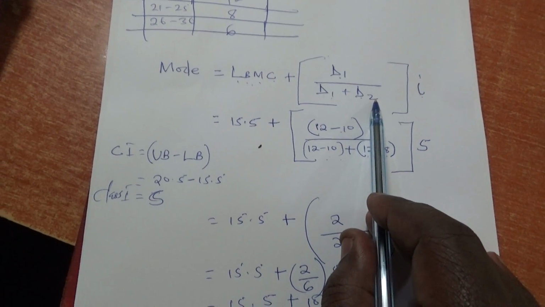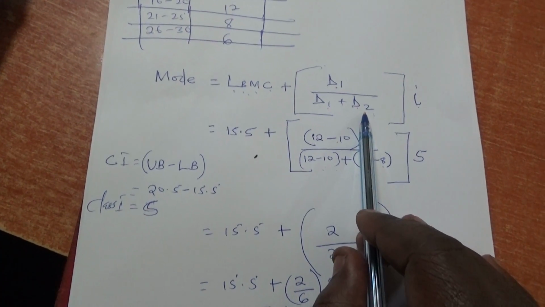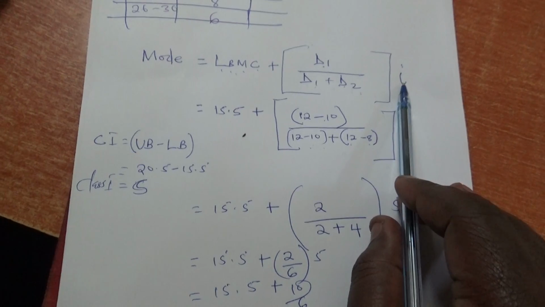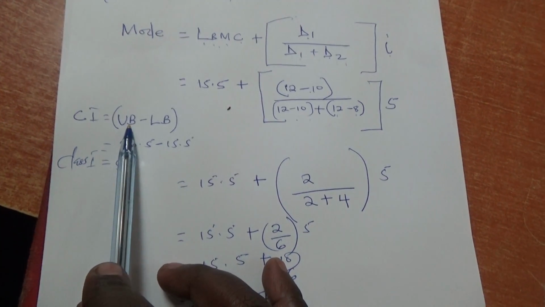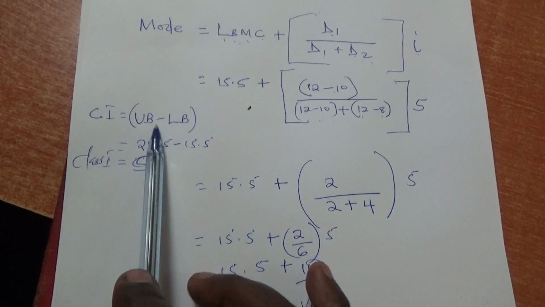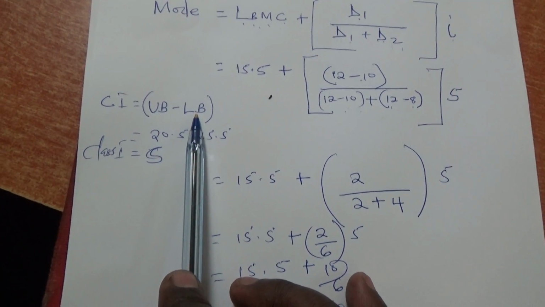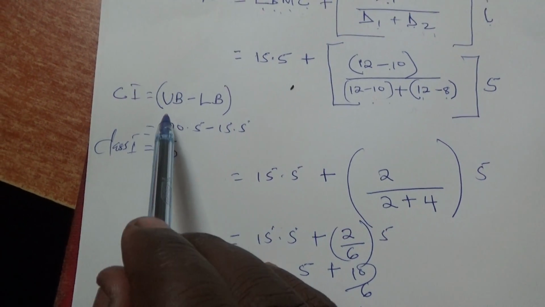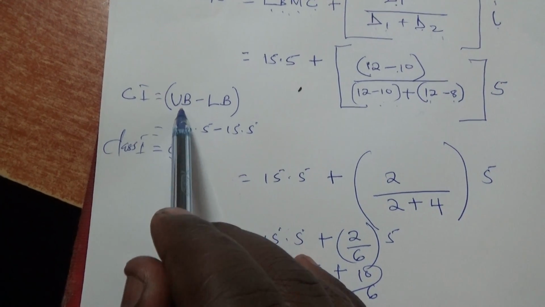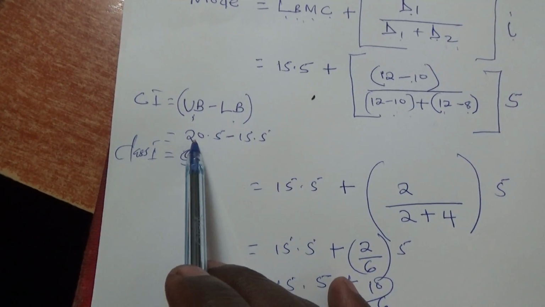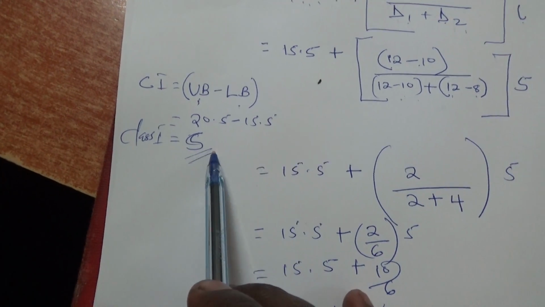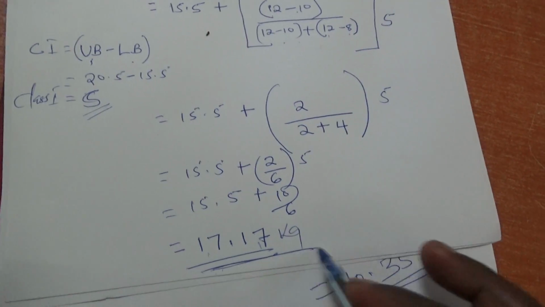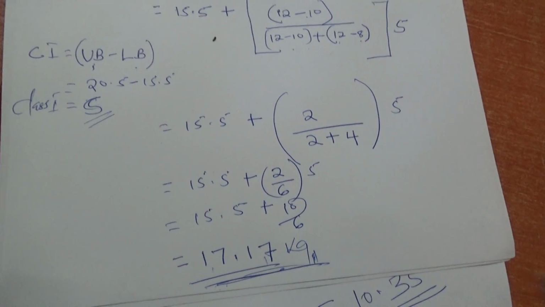Then D2 is the modal frequency minus the frequency immediately below it, and then the class interval is always the upper boundary minus the lower boundary. I have told you how to determine the upper boundary and the lower boundary. So after getting the class interval to be 5, you substitute here very fast, and you get your answer to be 17.17. That is the mode.